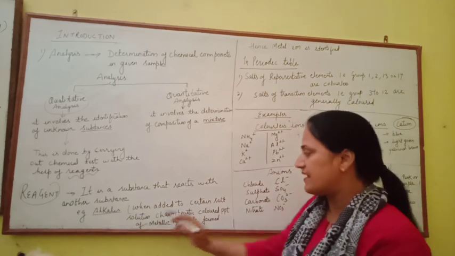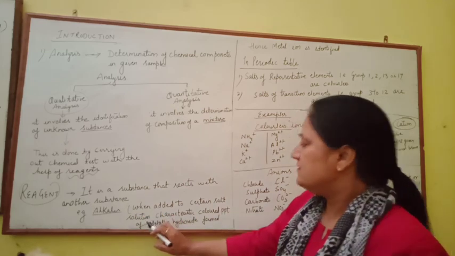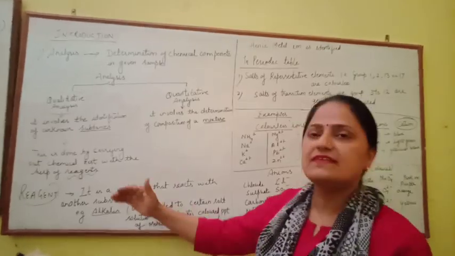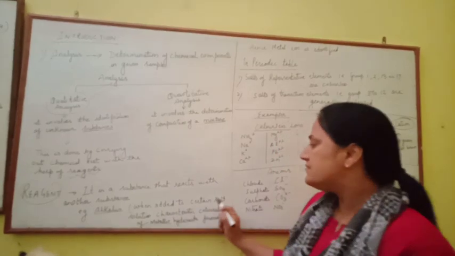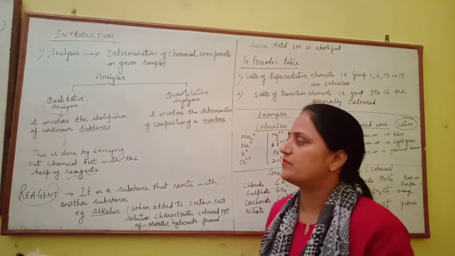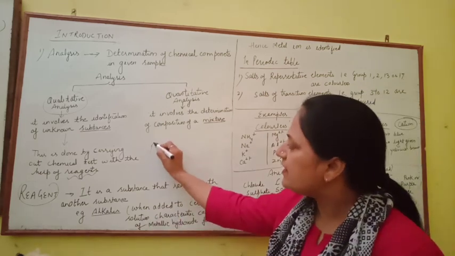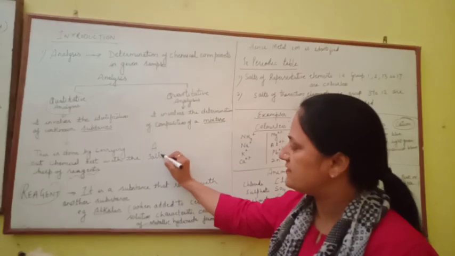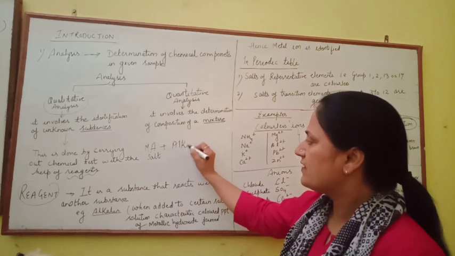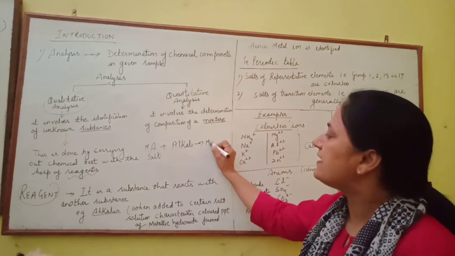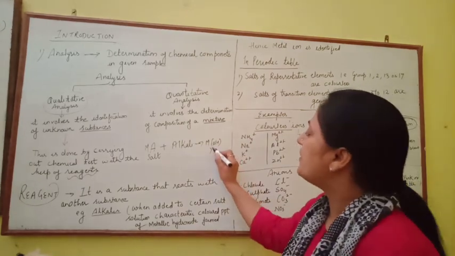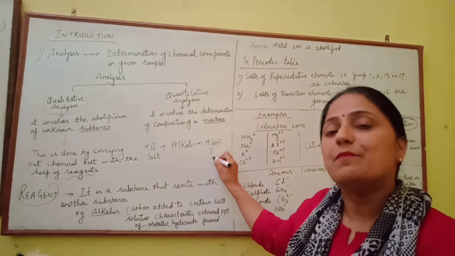When these alkalis are added to certain salts, as I discussed earlier, these salts give a characteristic precipitate of metallic hydroxide. When any metallic salt reacts with an alkali, it will form a metallic hydroxide with a particular color or particular precipitate.